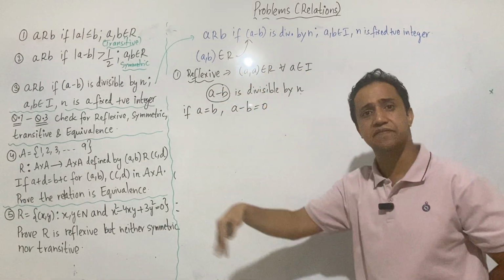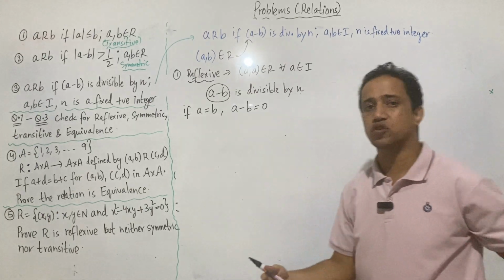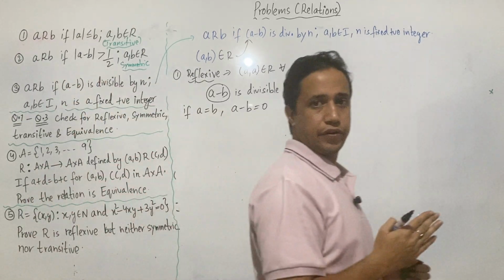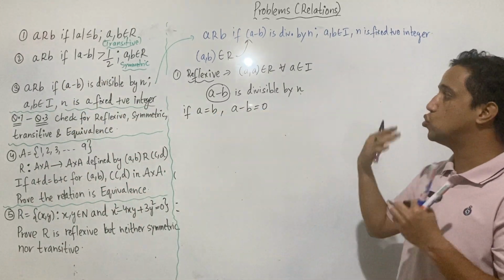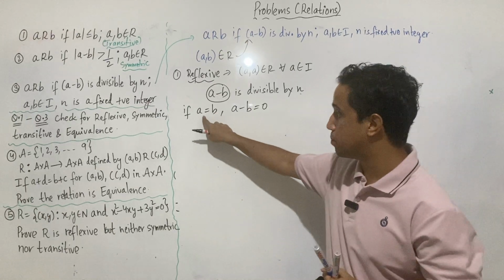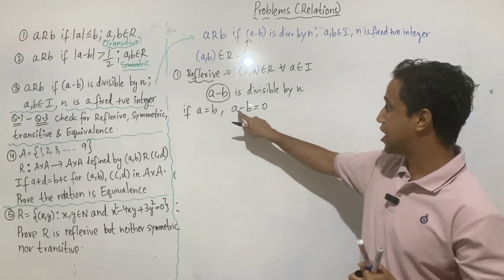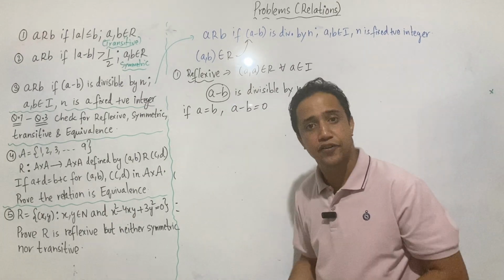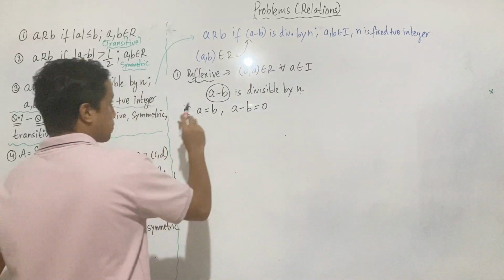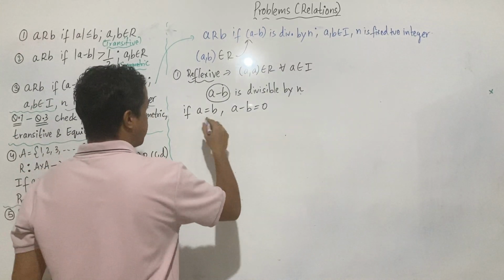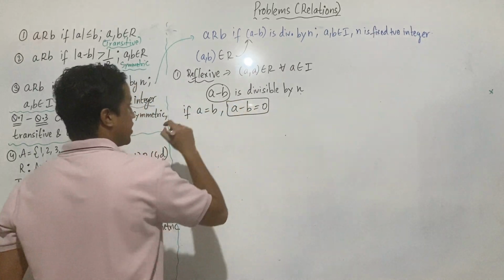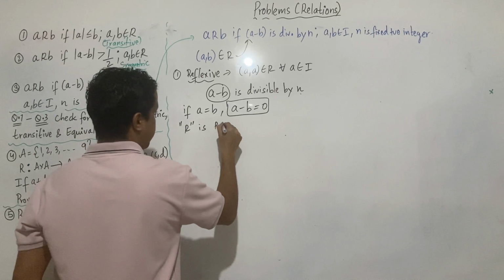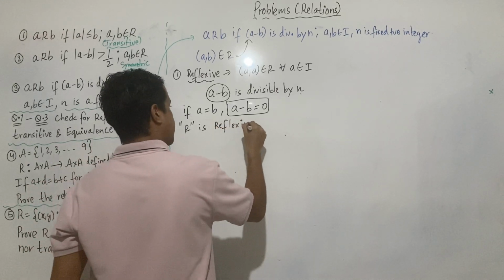But for reflexive, I said A is equal to B because that's what a reflexive relation says, that all the elements are related to themselves. So if A has to relate to itself, I put B equal to A, and then A minus B is equal to 0, which is divisible by any number. So I can say R is reflexive. I hope you understand me.